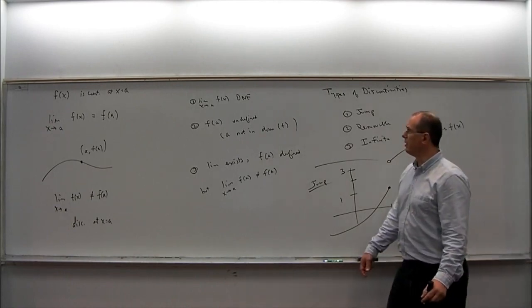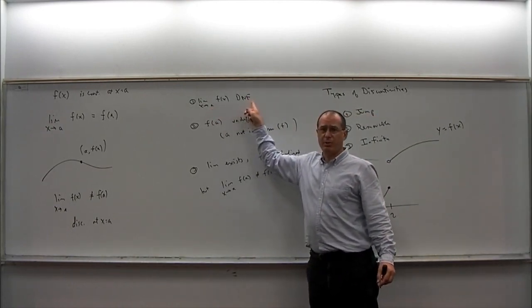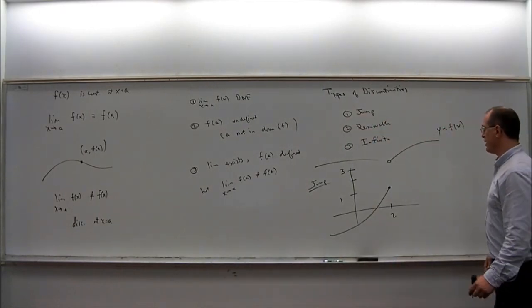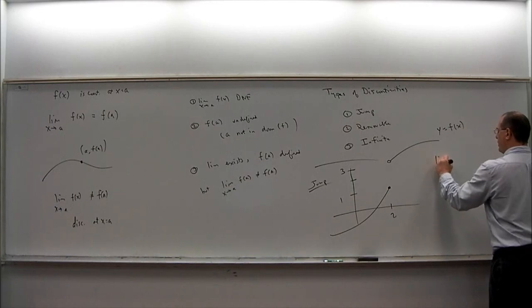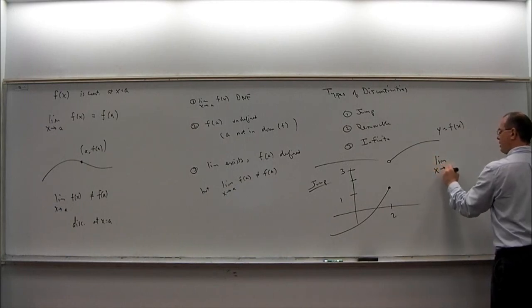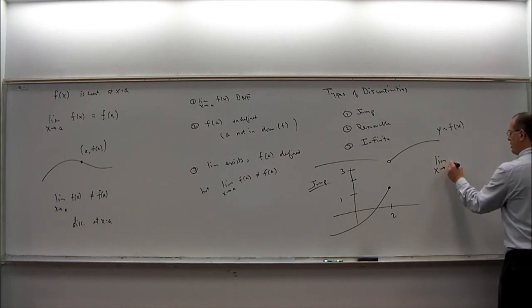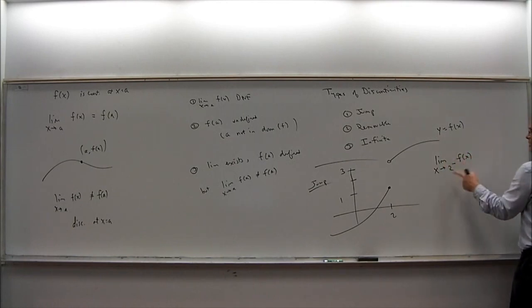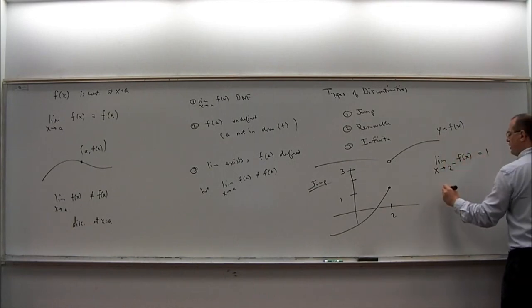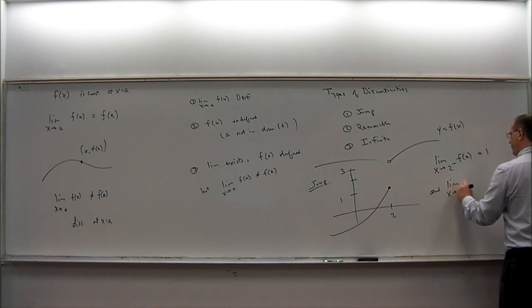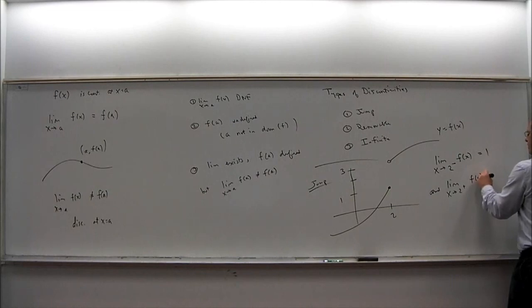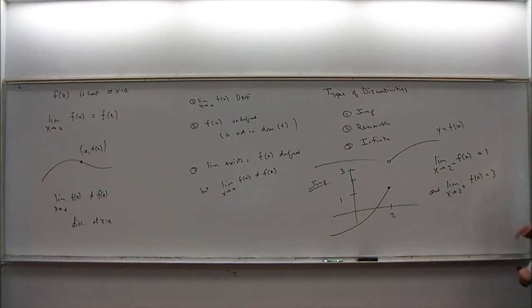The limit as x approaches a does not exist. The left side limit as x approaches 2 exists, it's 1, and the right side limit exists, it's equal to 3. So the left and right side limits both exist, but they're different values.